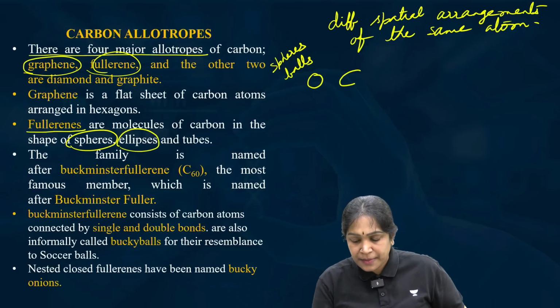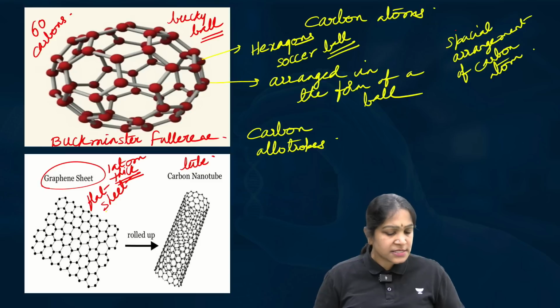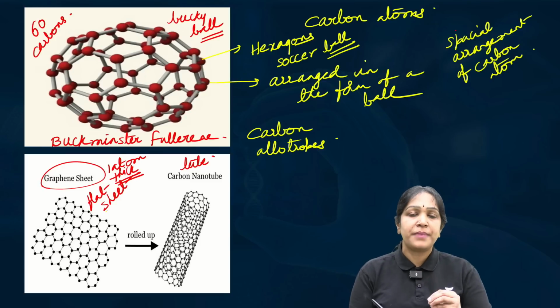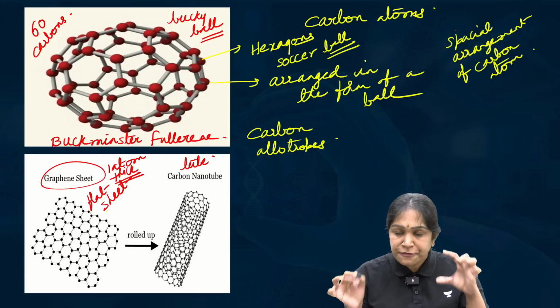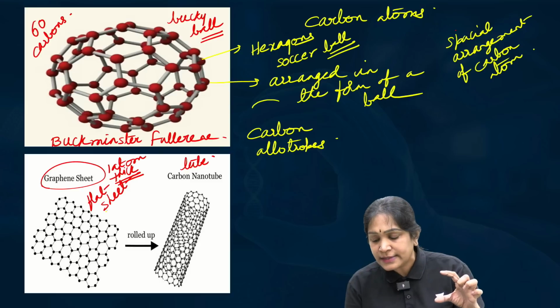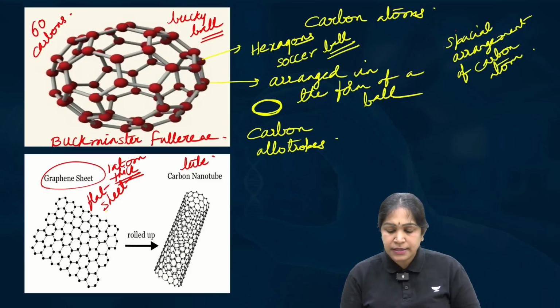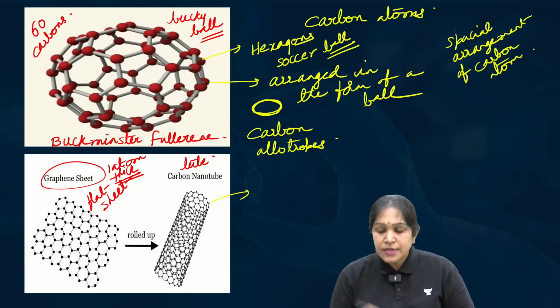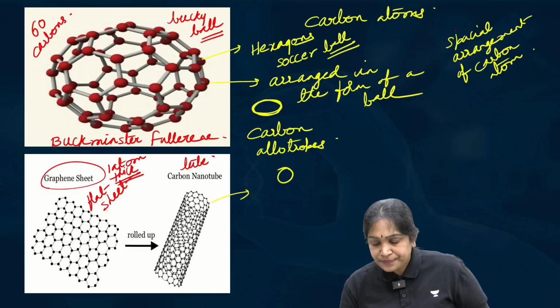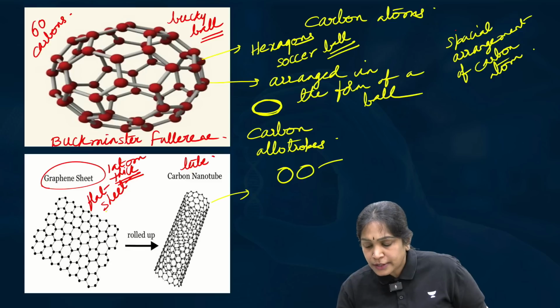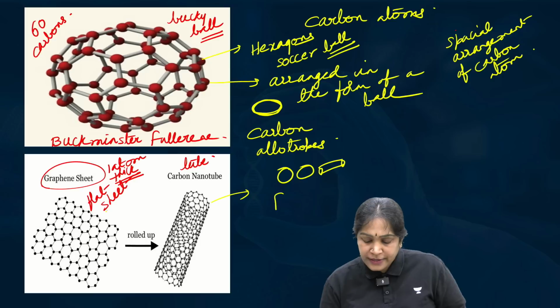If the carbon atoms are just like this buckyball, but instead of being circular it is a little bit elliptical, that is also one possibility. Or tubes. So circles, ellipses, tubes, we call them fullerenes.